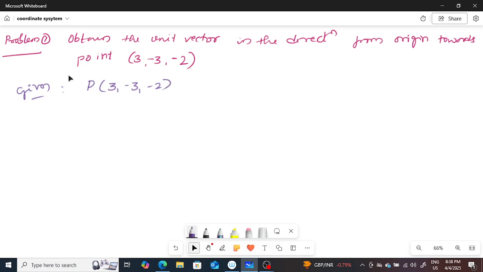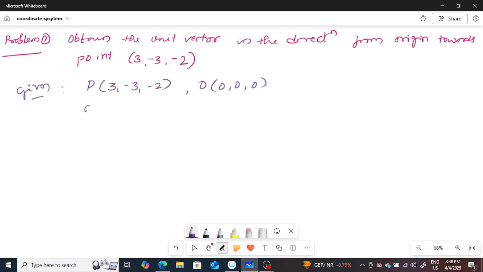One more hint is given: the direction is from origin. Direction from origin means I'll take it as O, and the coordinates of the origin are 0, 0, 0, because the coordinates of the origin are always 0. Obtain the unit vector in the direction from origin towards point P, they are asking.